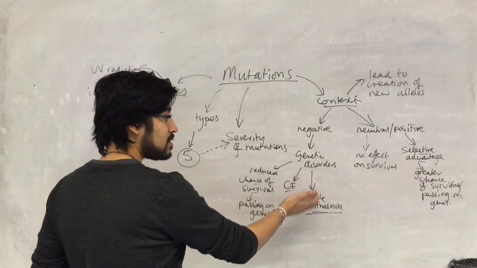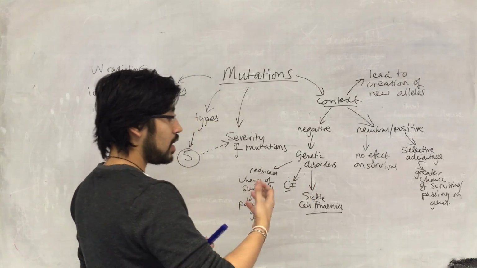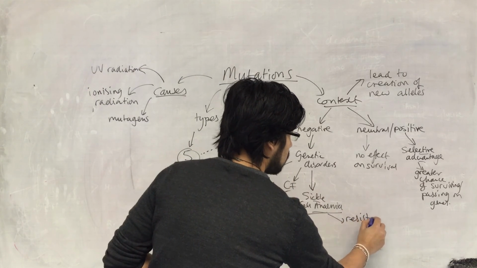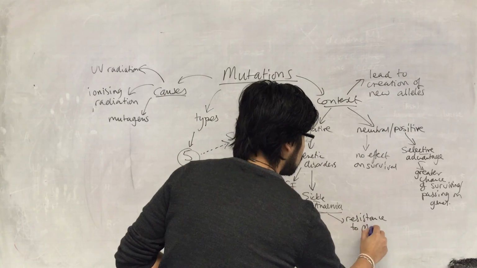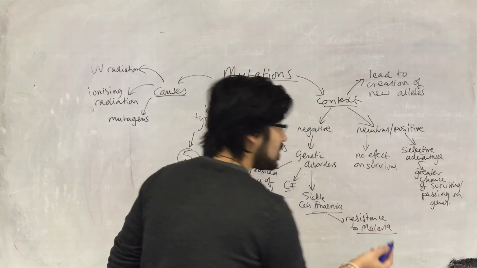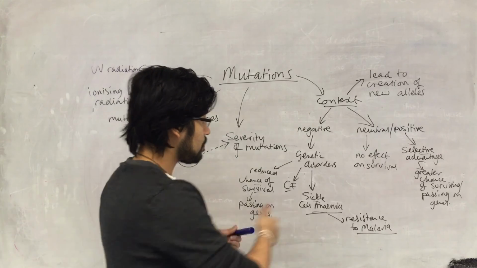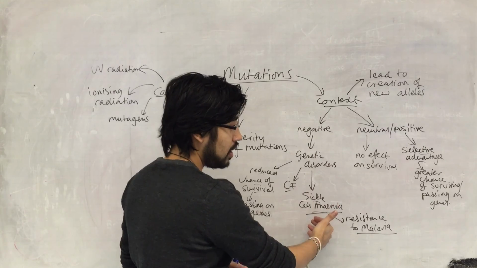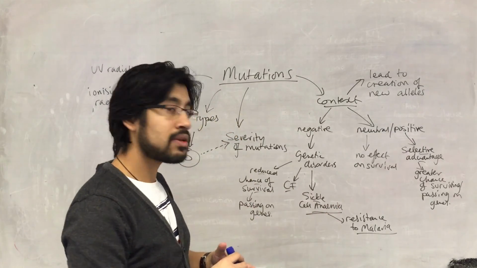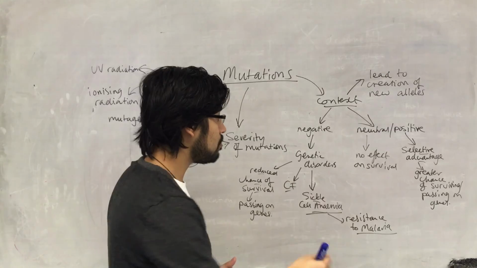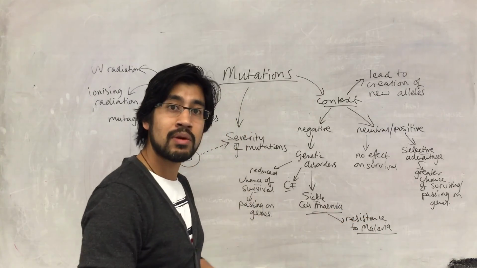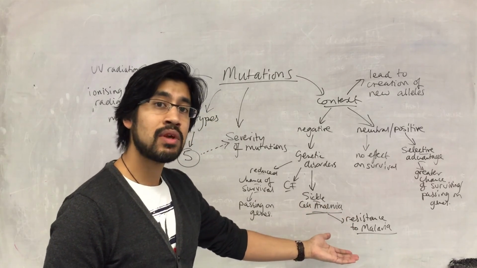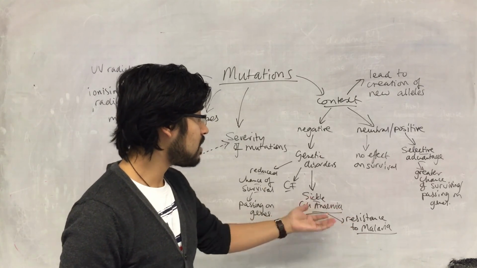But this same mutation is what gives resistance to malaria, because the red blood cells that have hemoglobin affected by this mutation, yes, they are not so good at transporting oxygen, but at the same time, it gives them resistance to malaria because the parasite cannot reproduce in the red blood cells of the affected individual.